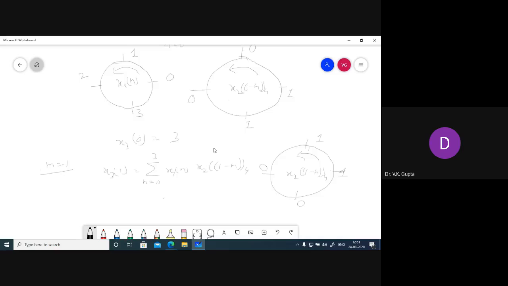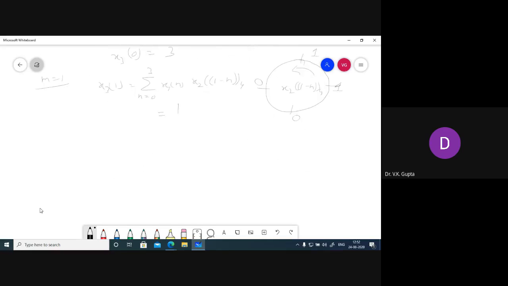So what is the x3 value? 0 multiplied by 1, 0, 1 multiplied by 1, 2 multiplied by 0, 3 multiplied by 0. It is 1.